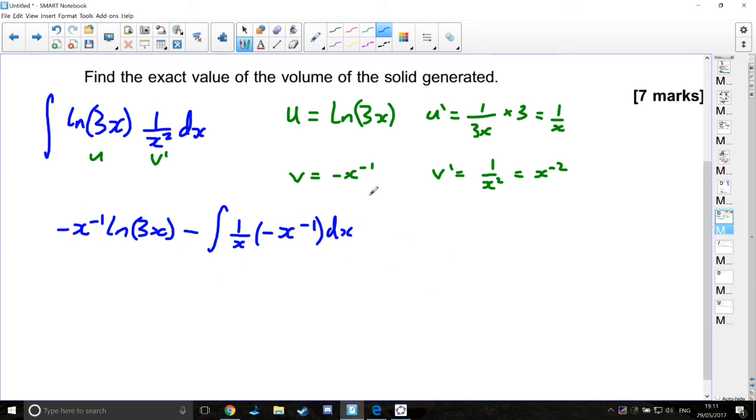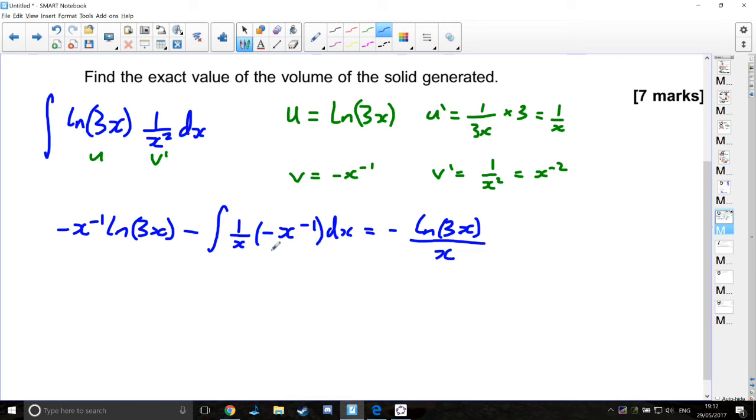Okay, so let's tidy this up a bit. Let's make this actually look like something that I'd be happy writing down. Minus x to the minus 1, that is minus ln 3x over x. That's that power of minus 1 coming into play.